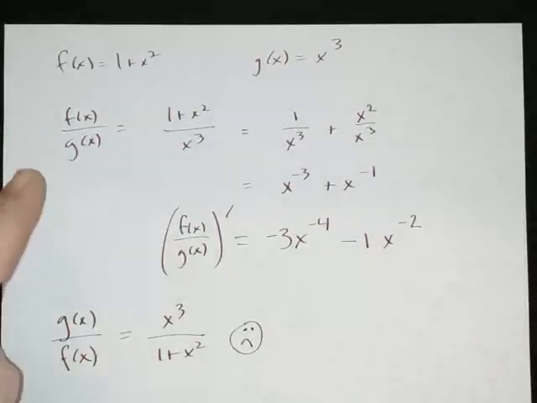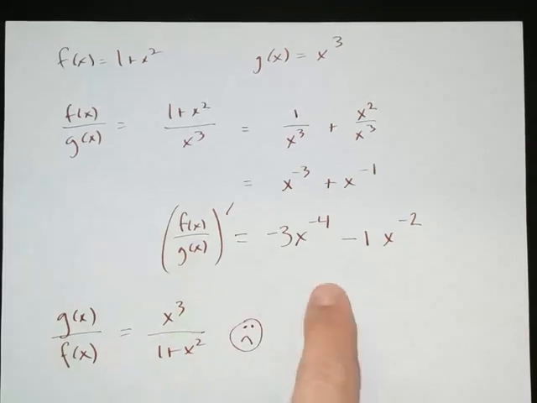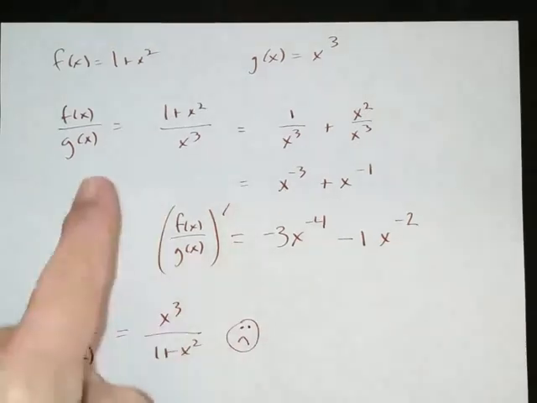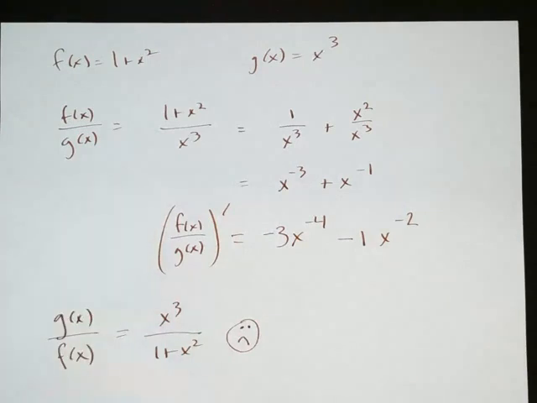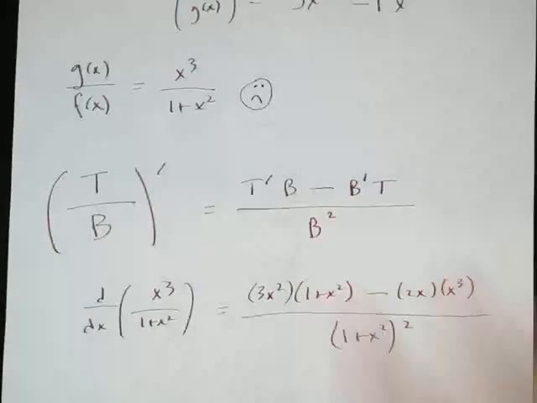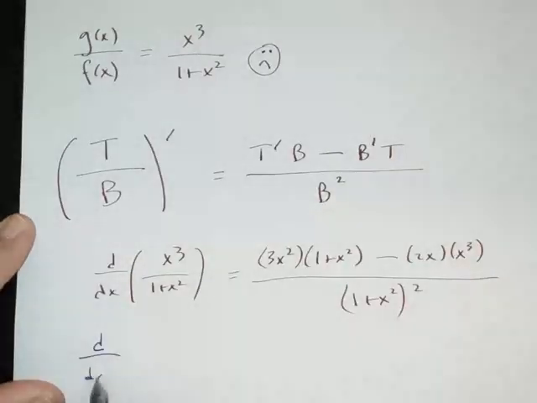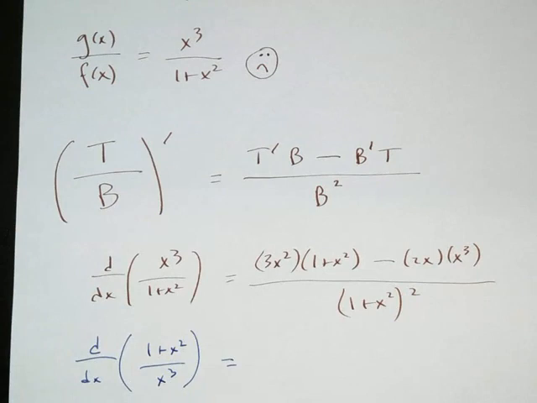Wait a minute. I did that using the power rule. But that's still a quotient. I should be able to do that with this rule. And I should get the same thing. So let's check. Let's go back and do the derivative of 1 plus x squared over x cubed with this rule.